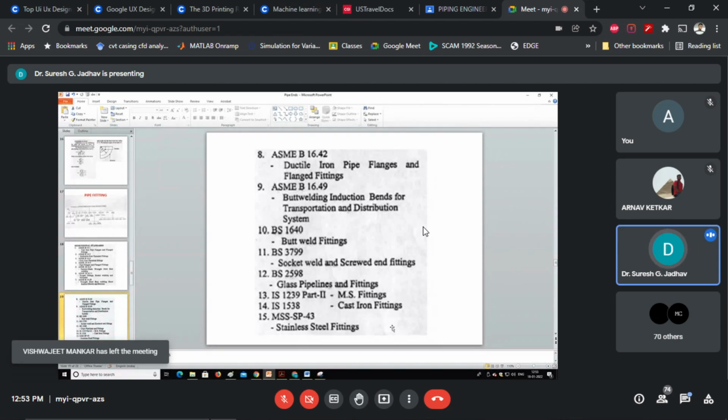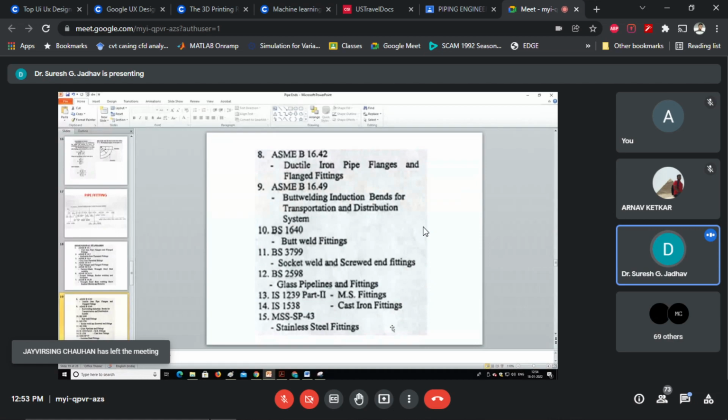Another standard is ASME B16.42 for ductile iron pipe flanges and flange fittings. Now next is butt welding induction bends for transportation and distribution systems. Here we can refer ASME B16.49. And the next standard is the British standards, that is BS. Here butt weld fittings for BS 1640 and BS 3799 for socket weld and screwed end fittings, and glass pipelines and fittings. For this we can refer BS 2598.